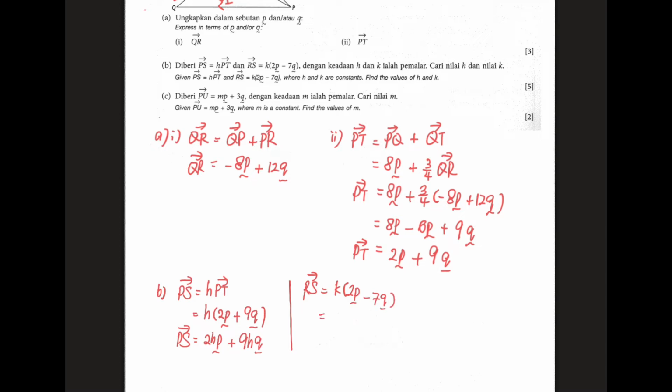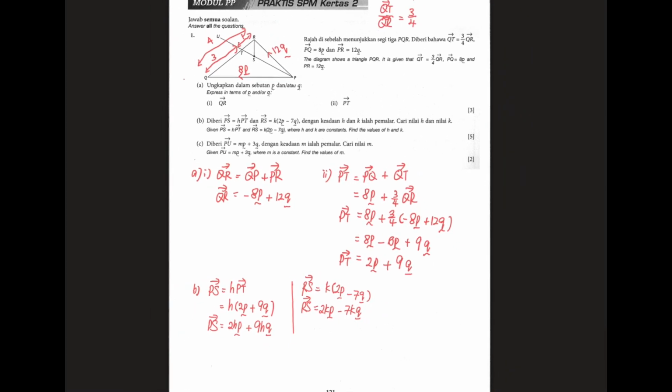So we expand it, 2KP minus 7KQ. So that is RS. Okay, now in order to find H and K, we need to know how to relate PS and RS. So to relate PS and RS, we look at the picture. So you see PS is P to this point, S. RS is R coming down to this point.